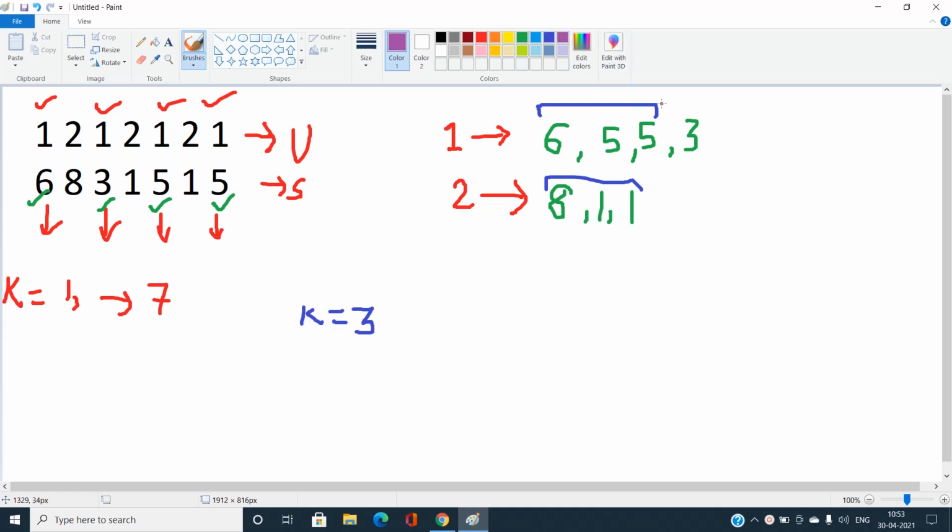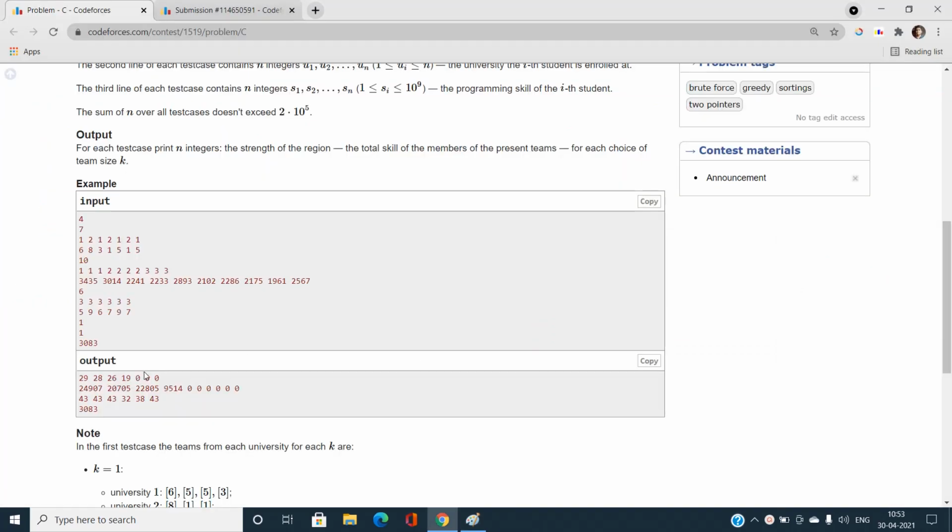The only student left is one student from university 1, and there is no leftover student in university 2. I cannot form a team with only one student. The frequency should be 3, so for any general k, it should be k. So my answer will be the sum of total students minus the excluded one, minus 3. It should be 26, I think. Yes, you can see 26 is coming.